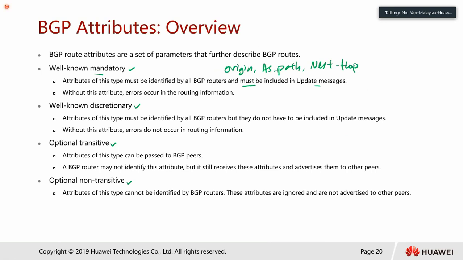Without the attribute, errors do not occur in routing information. So it means that it's not compulsory. When you send, I understand. When you do not send, okay, it doesn't matter to me. So this attribute must be identified by all routers, but it does not have to be included in the update message.